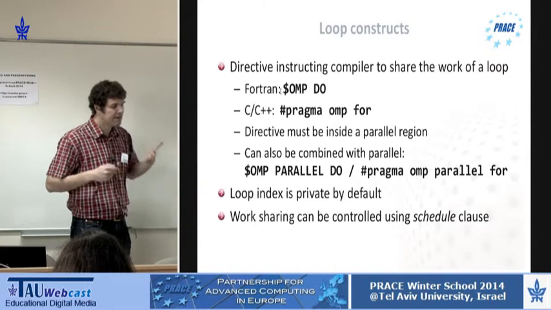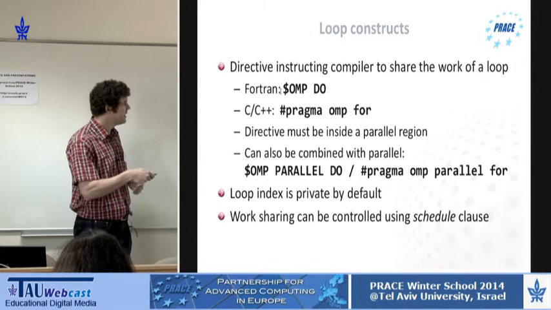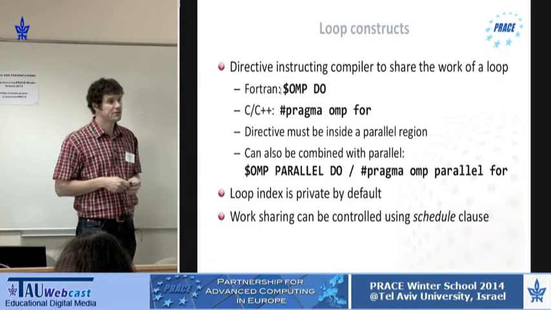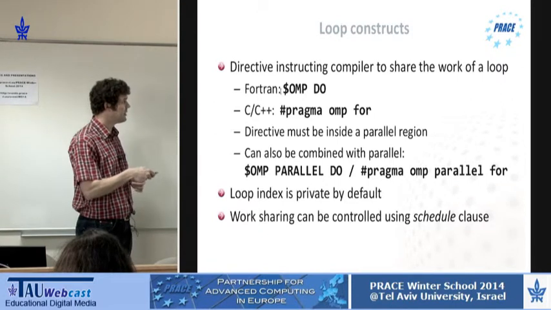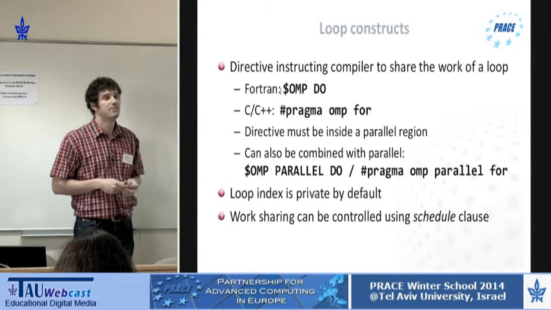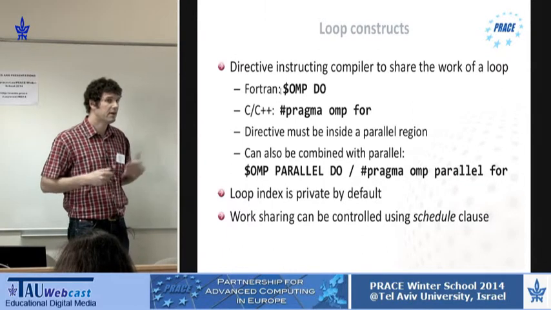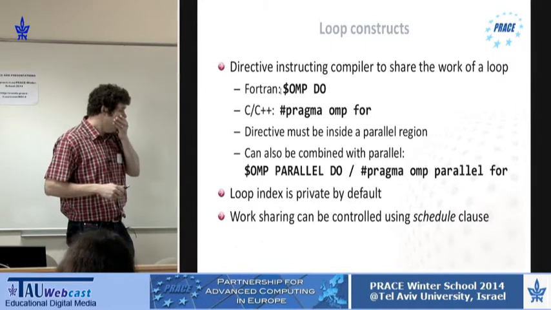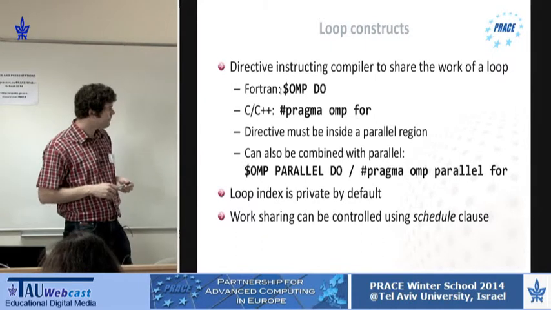If one does this, it's possible to combine the parallel and do or for directives, so that just before the for loop we start the parallel region and at the same time instruct the compiler that work on the loop should be divided between threads.